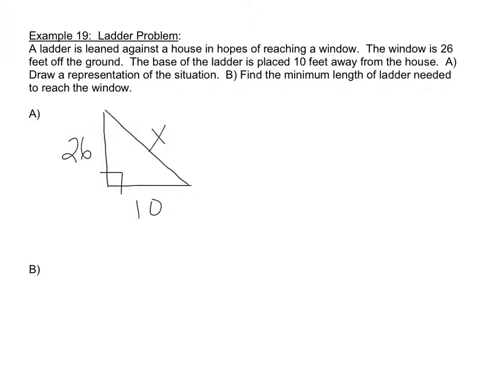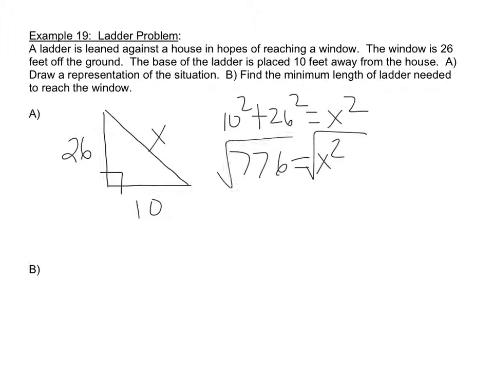Well, it's a squared plus b squared equals c squared. So you go 26 squared plus 10 squared, 776, square root. Again, we're looking for length, so you don't have to do plus or minus. So you get x equals.